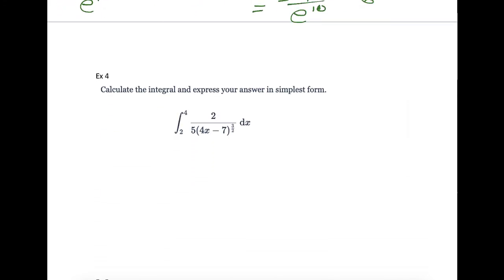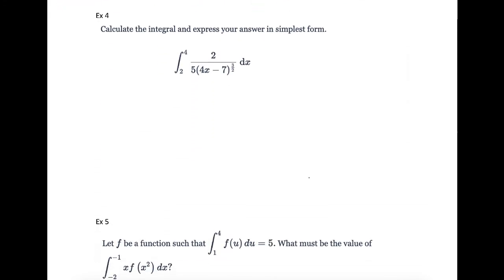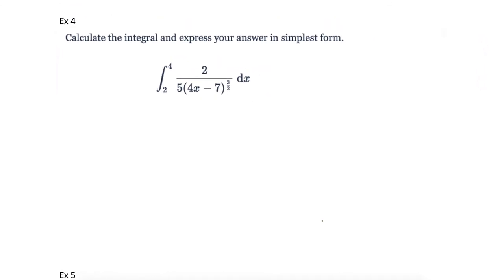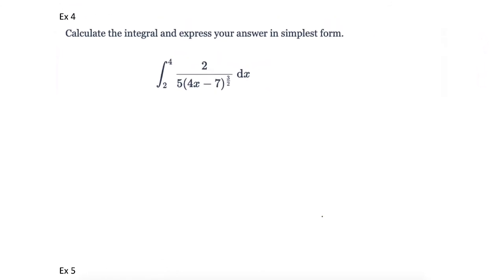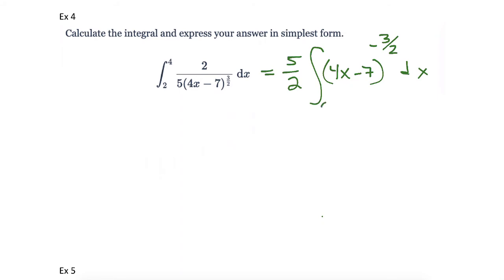All right, let's take something like this one. Same kind of deal, only this is a u-substitution problem. If I think about this, I could bring out the 5/2. That is not part of this integral, and I could make this 4x minus 7 to the negative 3/2 dx, and we still have the bounds 2 and 4 because I haven't changed them to u yet.